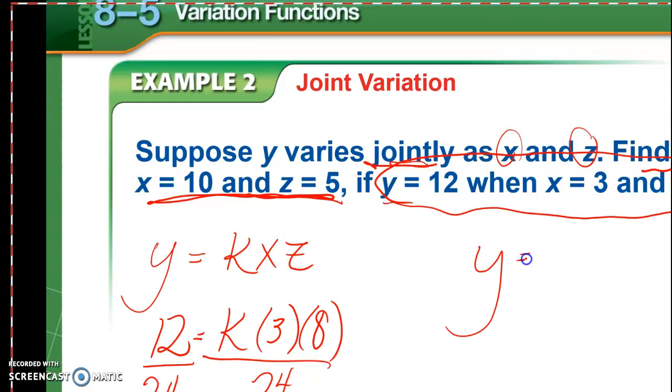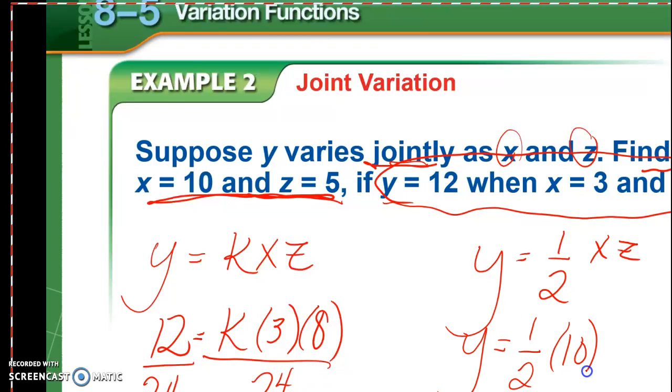So this situation is represented by this problem. Now we can find any variable x, y, or z, and it wants me to find y when x is 10 and z is 5. So we have 50 times 1/2, so y equals 25. So that's joint variation.